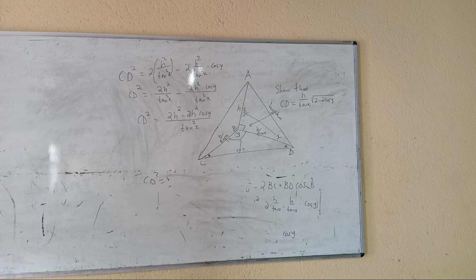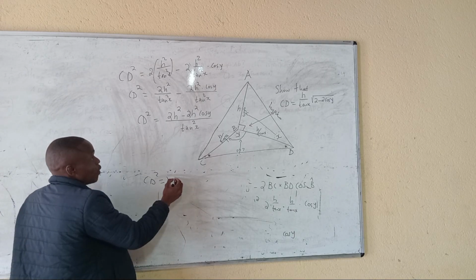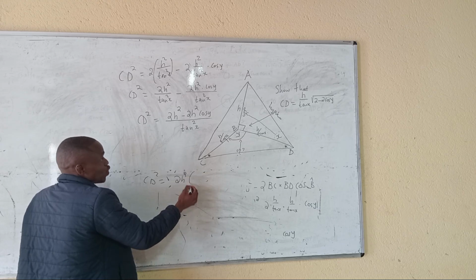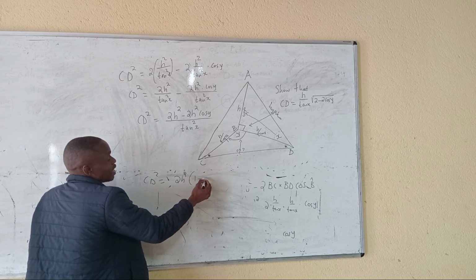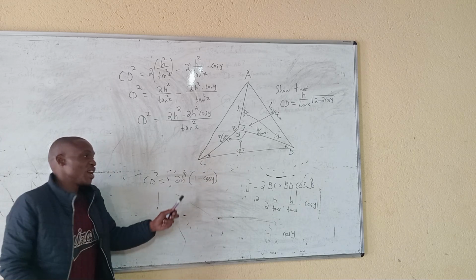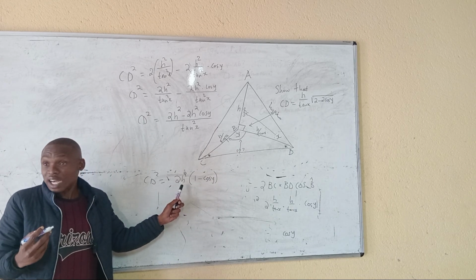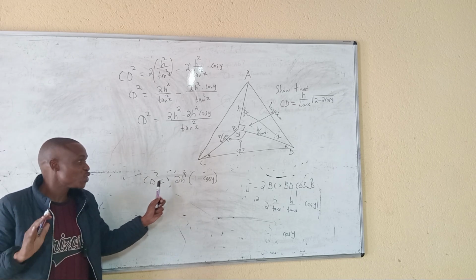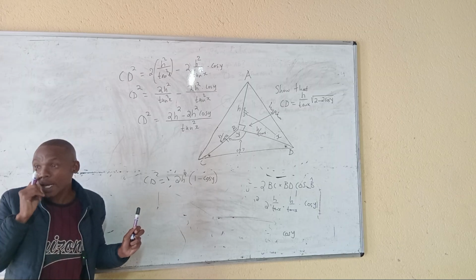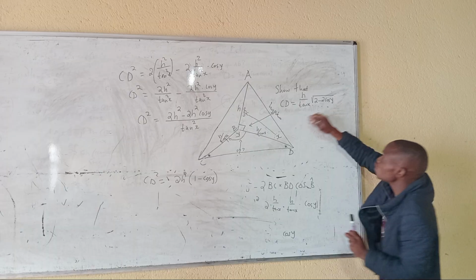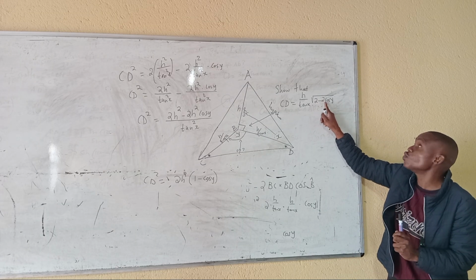2H squared. Okay, let me take out 2H squared for now: 2H squared into 1 minus cos y. If I take the correct common factor, it is actually 2H squared. But I don't want to take 2H squared as a common factor. Why? Because what I'm trying to prove has 2 minus 2 cos y.